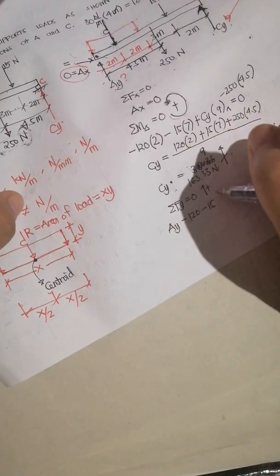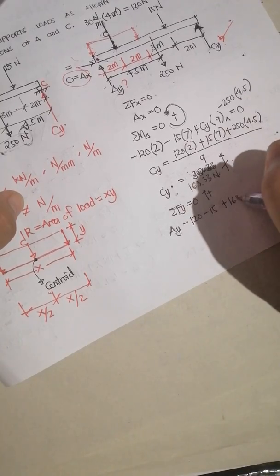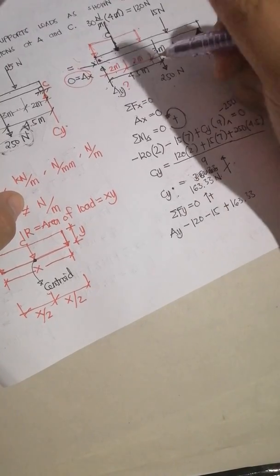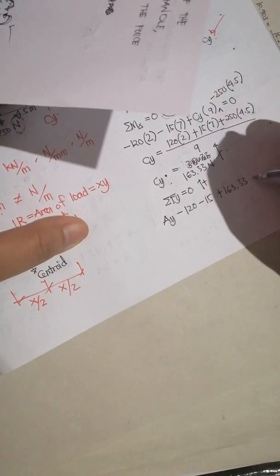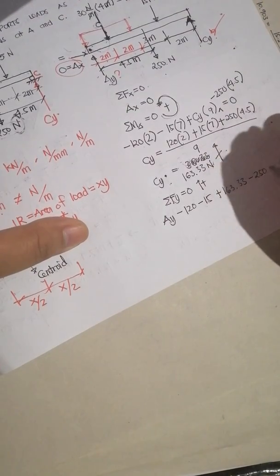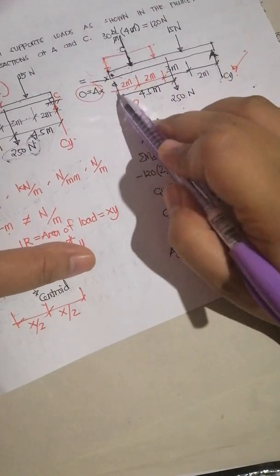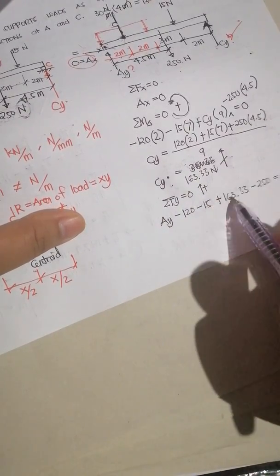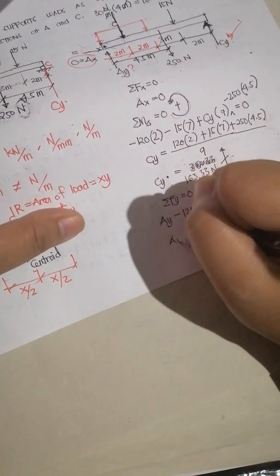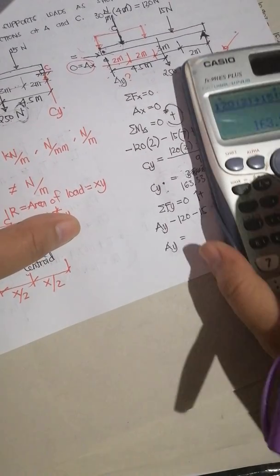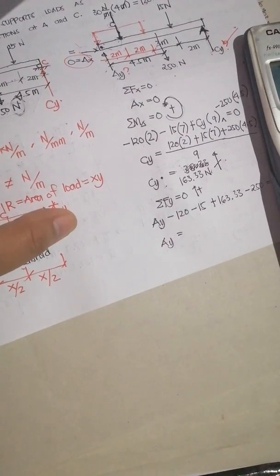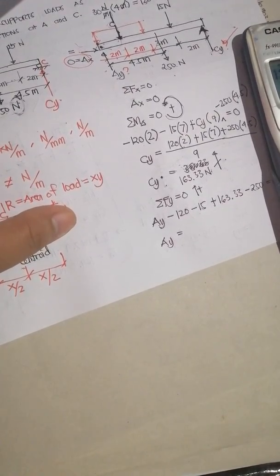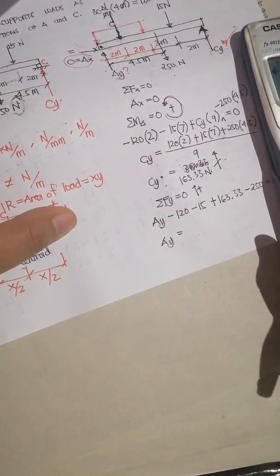Cy is positive, plus 163.33, and the weight is downward also, so minus 250, then is equal to 0. Ay therefore is 120 plus 15 minus 163.33 plus 250.